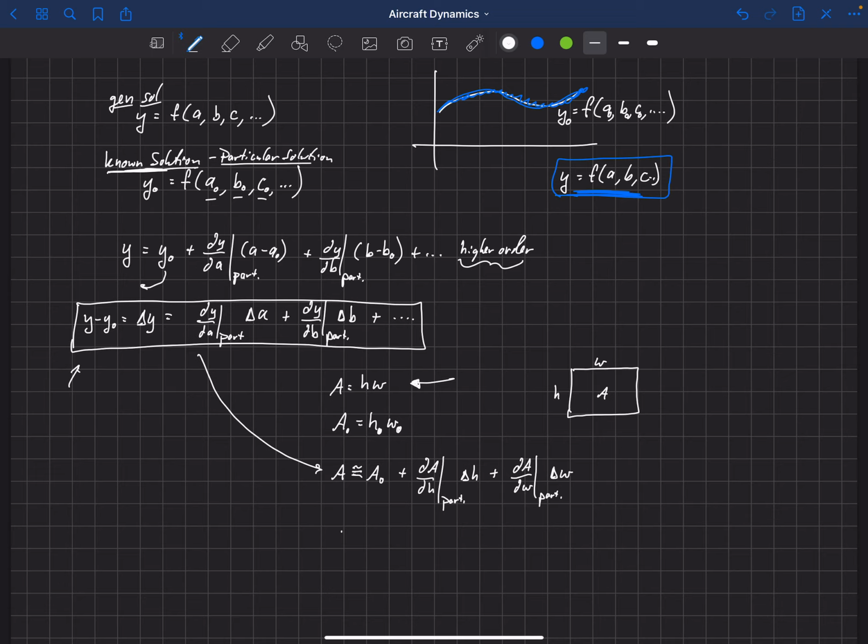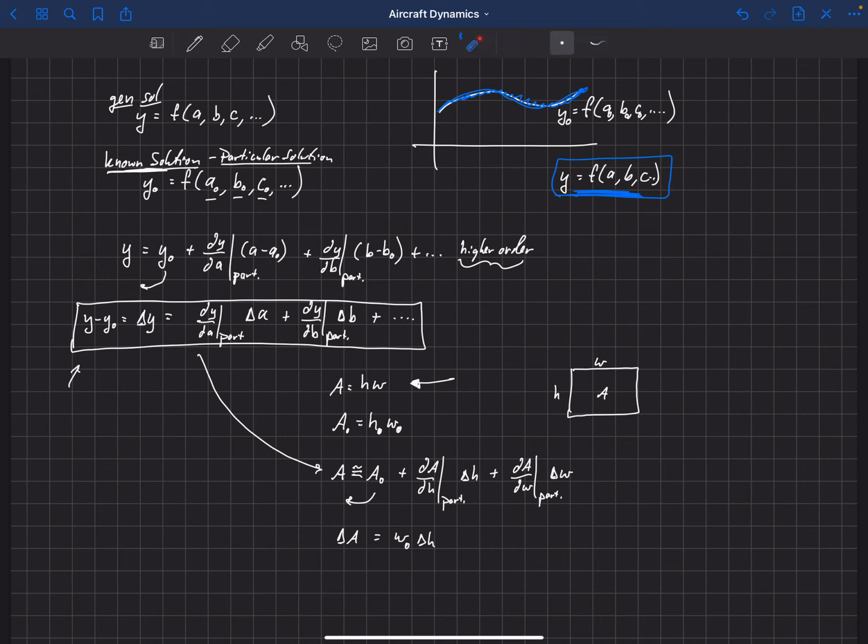Delta A, my change in area if I subtract A naught over to the other side, would be equal to the first derivative of the area with respect to H evaluated at the particular solution. Looking at our equation, the first derivative of area with respect to H is just W. When we evaluate that at the particular solution, that's W naught, and that gets multiplied by delta H.